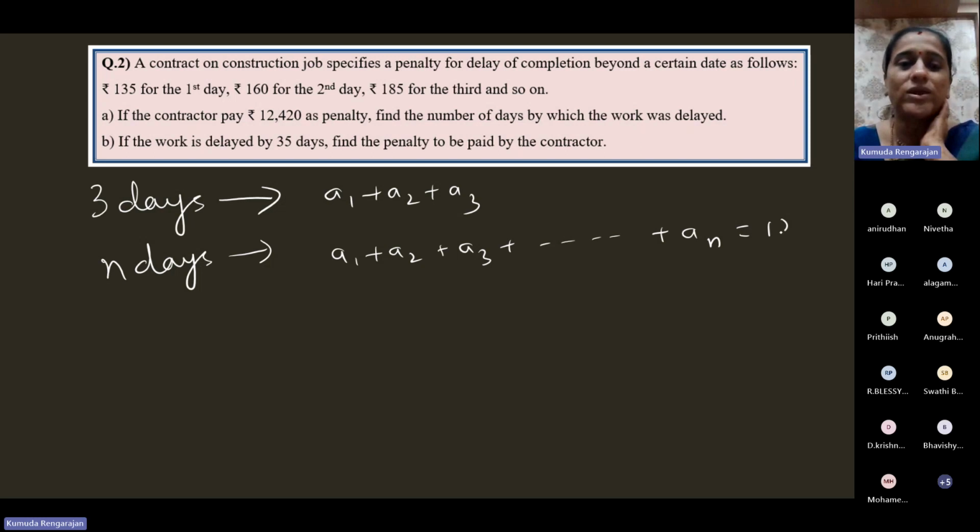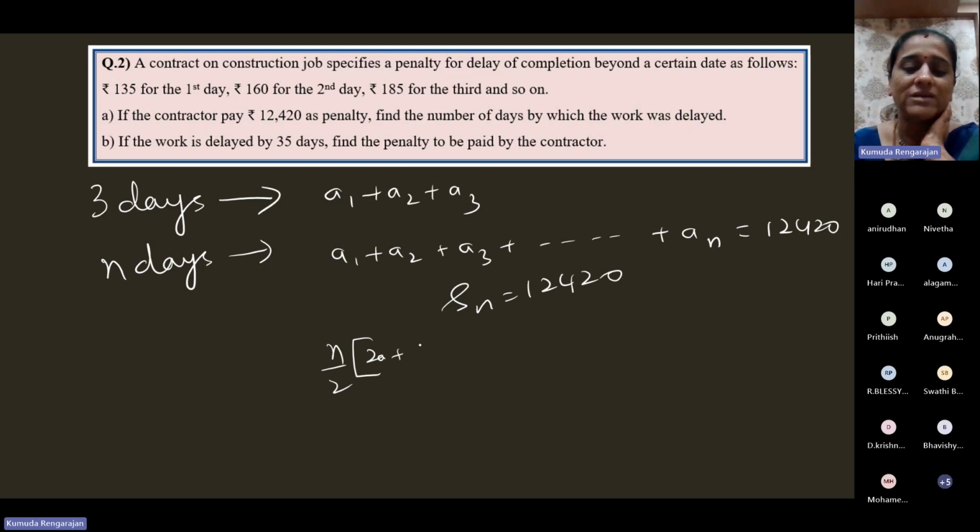And that is 12,420. This sum is 12,420, which means Sn is 12,420, which means n by 2 of 2a plus (n minus 1) into d is equal to 12,420.